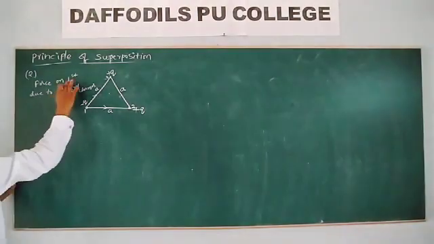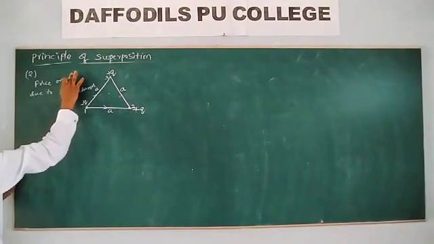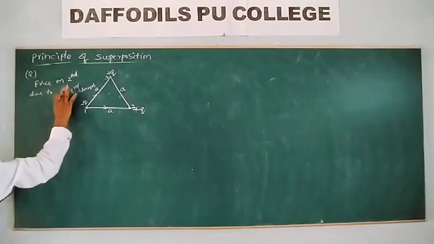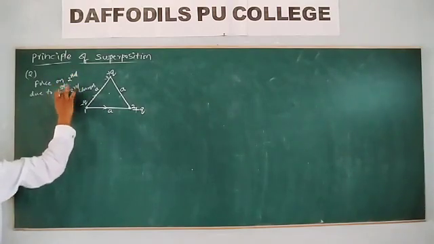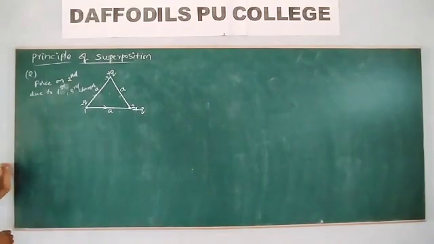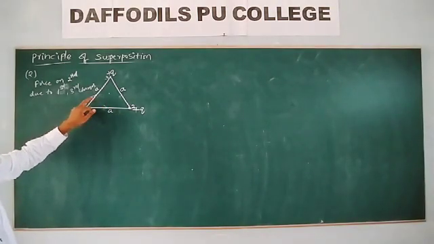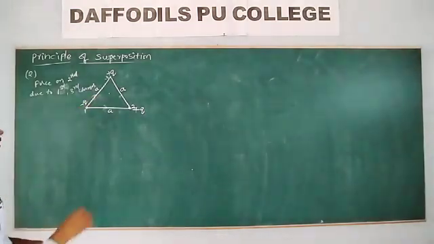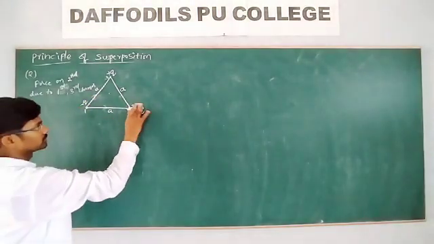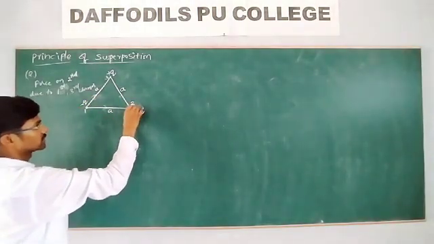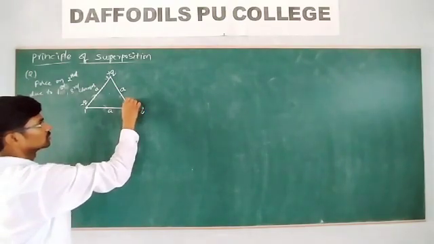But here I am asking for the force on the second charge due to the first and third charges. Force on the second charge due to the first and third charges. So look at this one. Second charge, plus first.